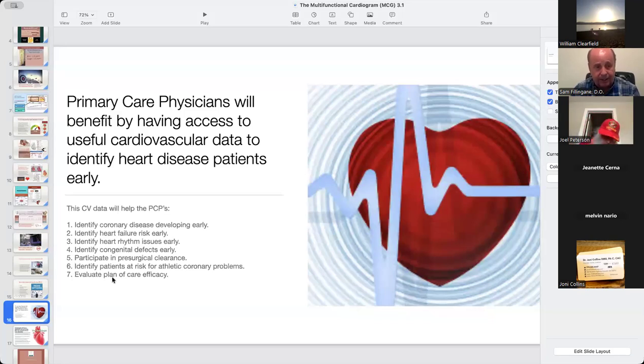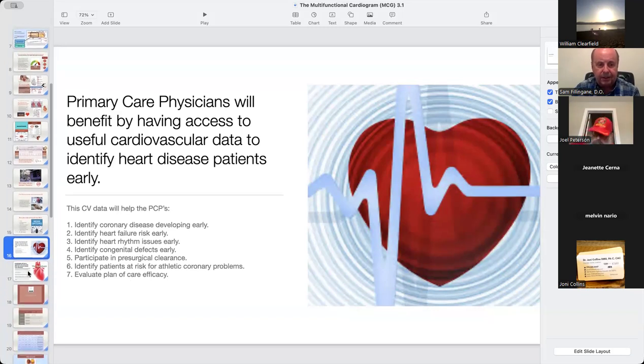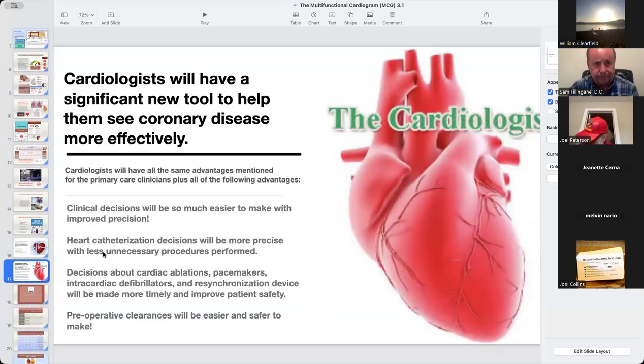It's nice to have that heads up so that you can do an assessment when the congenital defect pops up on your screen. The pre-surgical clearance we just talked about, the athletic coronary issues, and just having a plan of care efficiency with a score. I think that cardiovascular score year to year is going to be a deal maker.